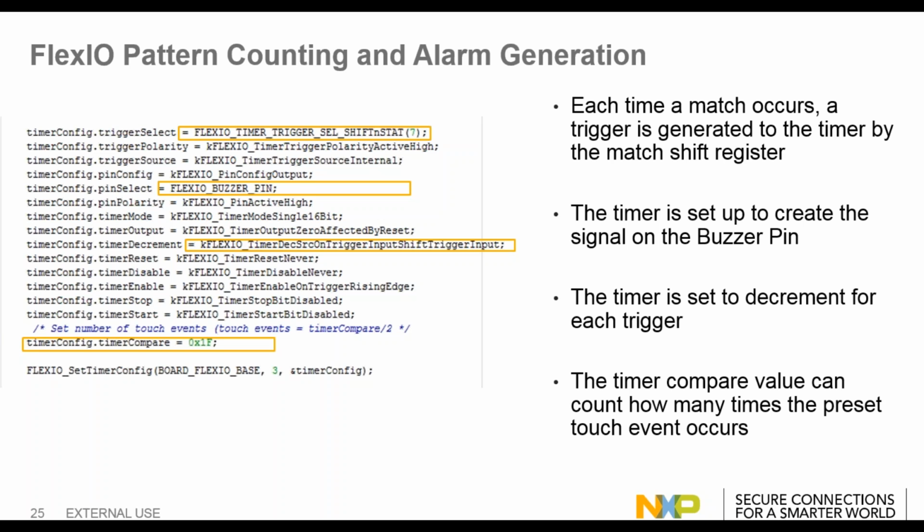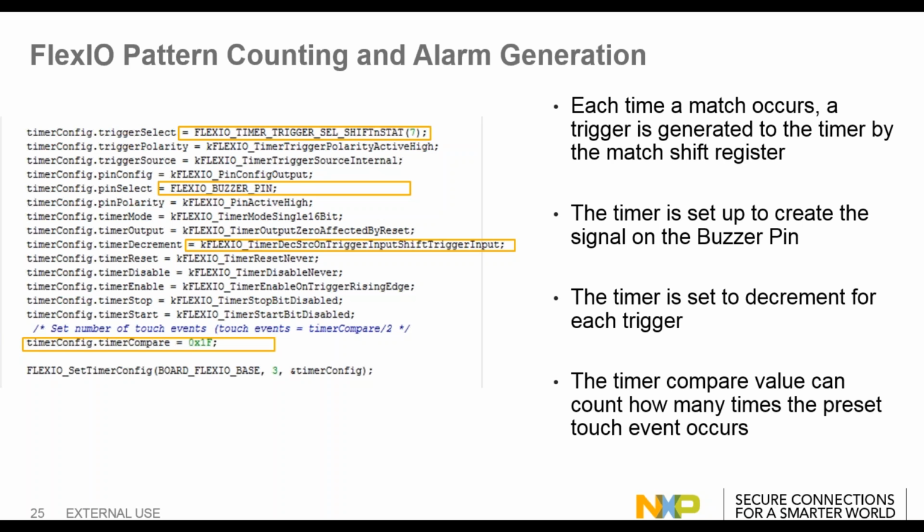So the previous slide we showed how to set up the shifter to do a pattern recognition for a certain touch pattern. And then this is showing how to set up a timer to monitor that pattern and count how many events have occurred. And so at the very bottom of this configuration on the left-hand side, you can see that the timer compare value is written to 1F, and this will be how many times the number of touch events that match that pattern of all the touchpads being touched.